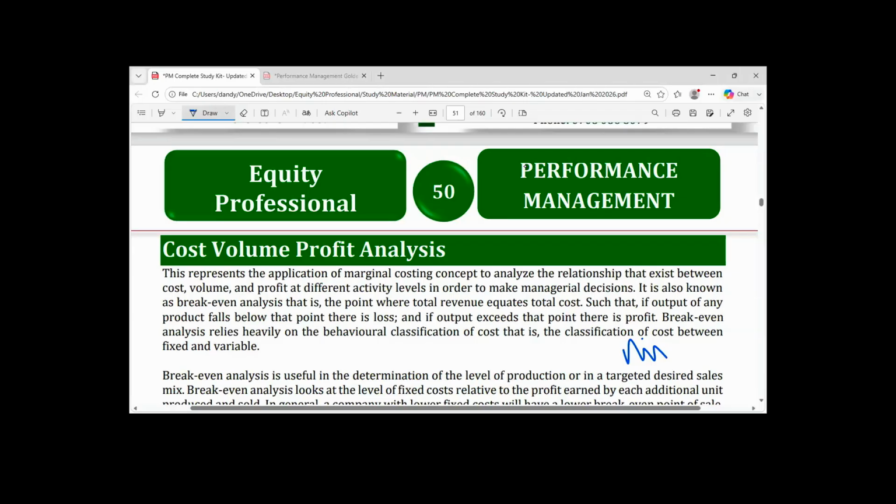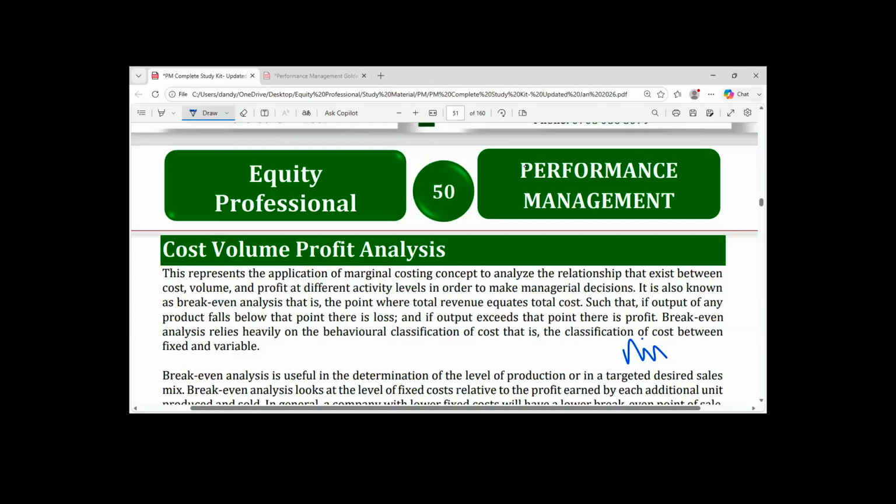It's a point of no gain, no loss, such that if output exceeds the break-even point, there will be profits. Also, if output is below the break-even point, there will be loss. So the break-even point is the point where there is no gain, no loss. That is zero.